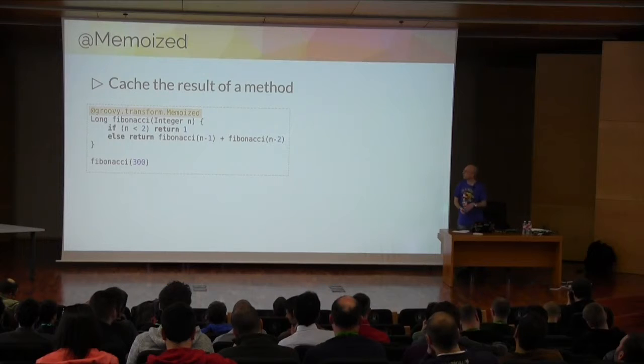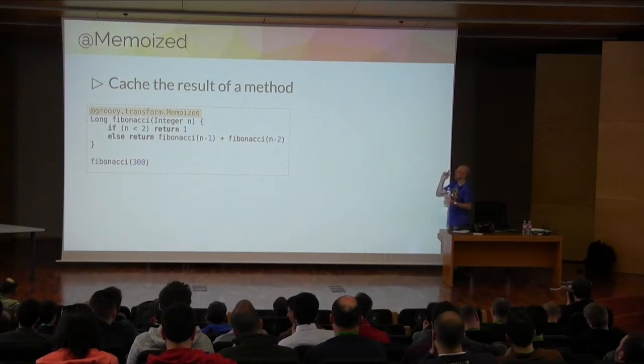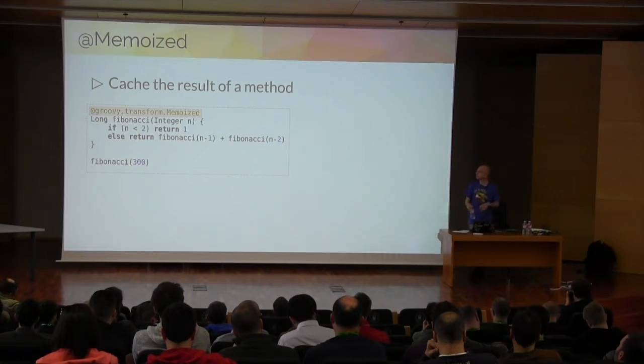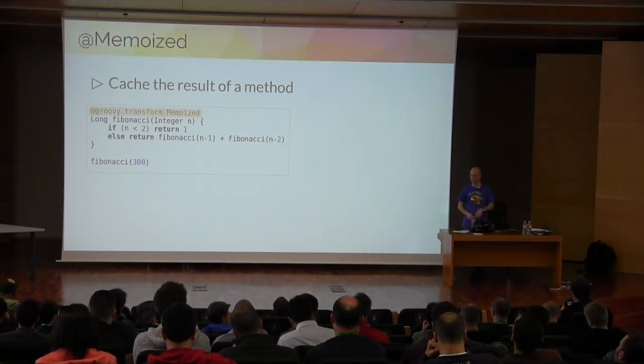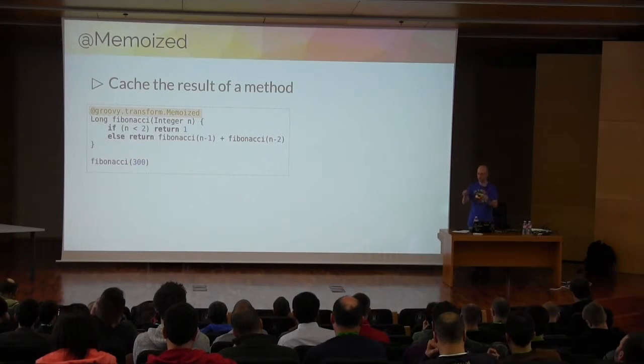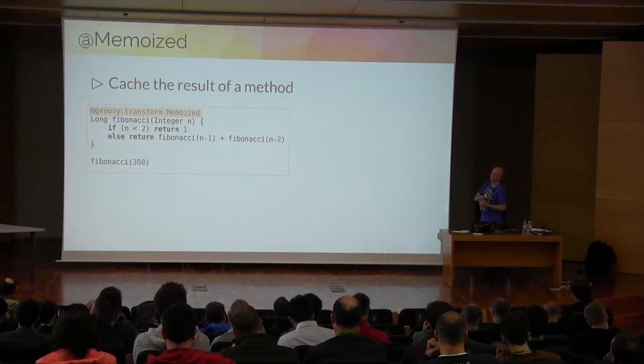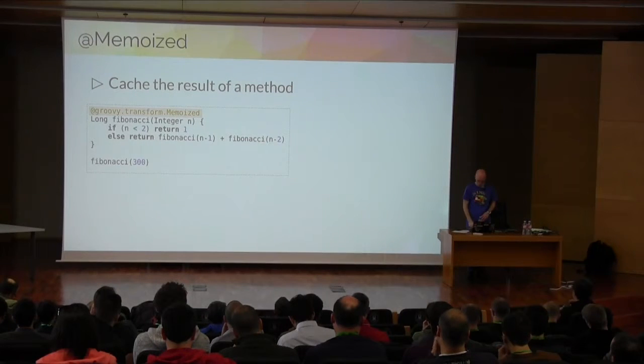And then I put the annotation and tried to calculate the Fibonacci for 300, and it only took 13 milliseconds. So it just executed and done. And without this annotation, the Fibonacci of 300, I don't know what it takes. Maybe 5–10 minutes, I don't know.